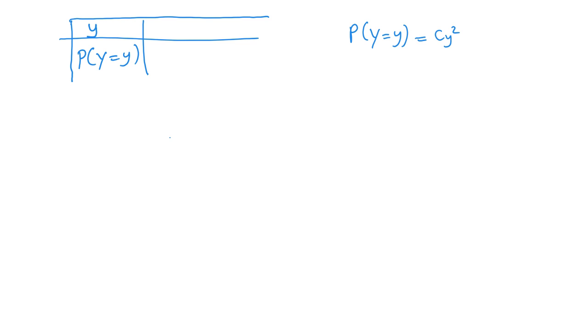For which values of y? 0. Remember c is a constant, so 0 squared is 0, so this is 0. When y is equal to 1, this will be c. When y is equal to 2, this will be 4c, because 2 squared is 4. Y equal to 3, you'll have 9c. And then lastly, y is equal to 4.